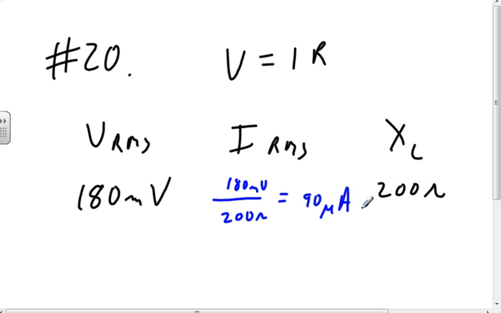Now I think I should probably do that in my calculator, right? 180 millivolts divided by 200. Nope, 900 microamps. Yeah. So 900 microamps.